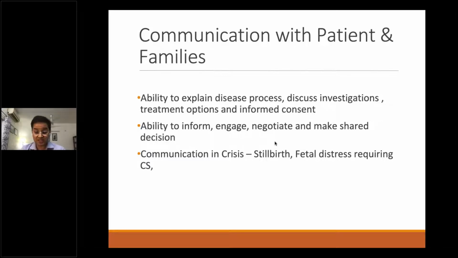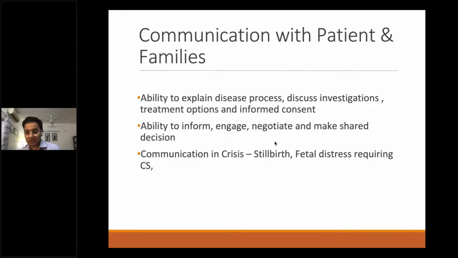We should be able to discuss the investigations in patient-friendly language, then come to a treatment option in a logical manner for that particular patient, and finally take an informed consent.